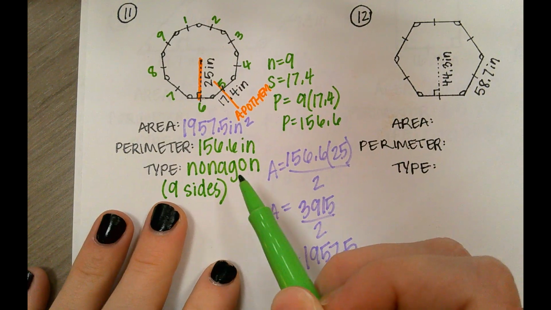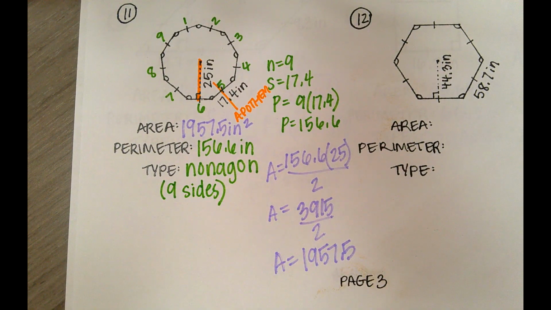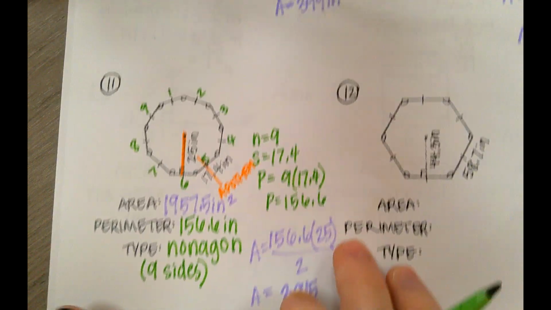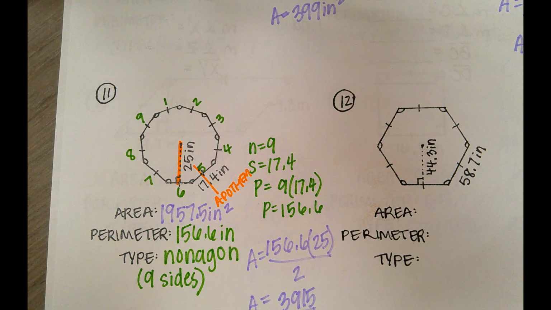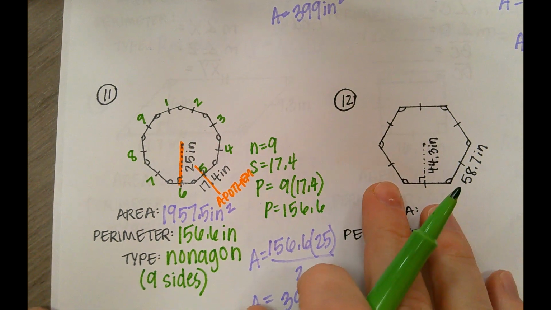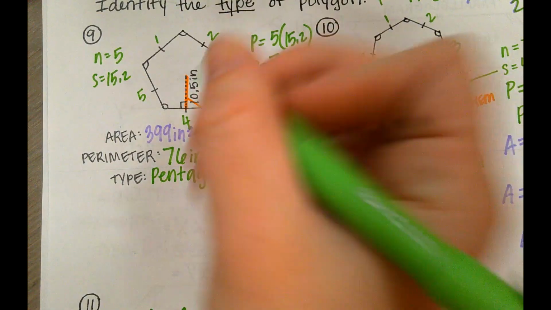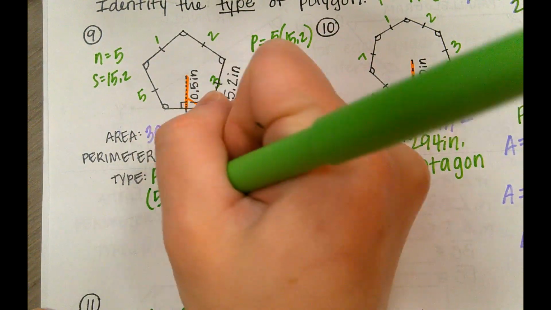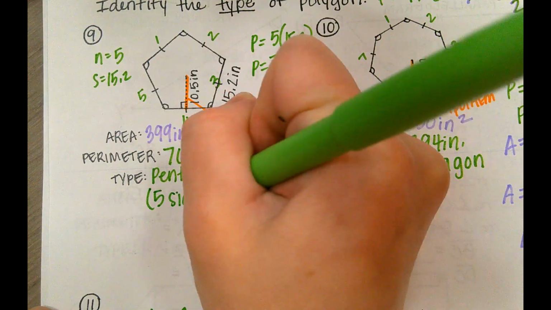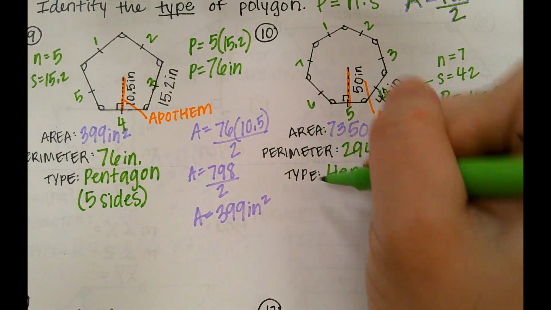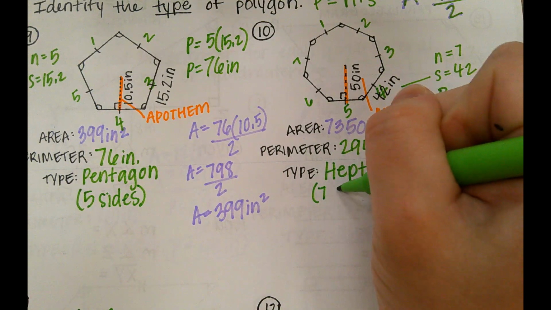And I can know at least you're putting the right name with the right number of sides. You just counted wrong. So if you put in parentheses the number of sides that you counted, that can help you not lose too much credit in case you count wrong. But it's always good to double and triple check. You never know. So I'm just going to write that on all of them. For my pentagon, I'll write in parentheses 5 sides. For my heptagon, I'll write in parentheses 7 sides.